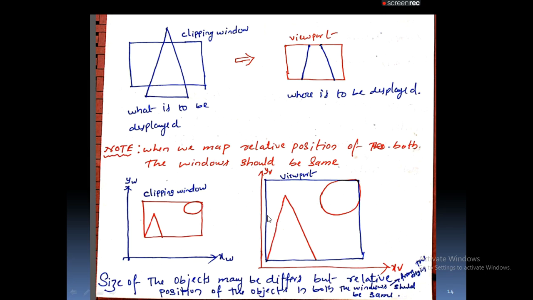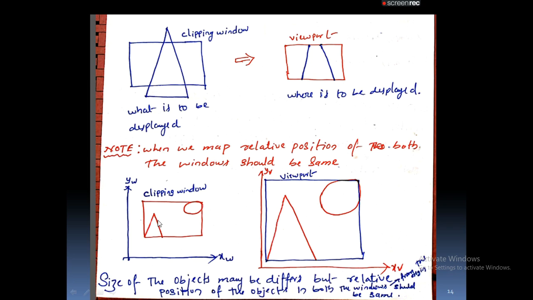This is with respect to the size of the viewport. We don't know the size of the viewport here. If the size of the viewport is larger, then we will get a larger image on the screen. If the size of the viewport is very small compared to the clipping window, then we will get a very small image on the screen of the monitor. This means the size of the objects on the screen of the monitor is independent of the clipping window.